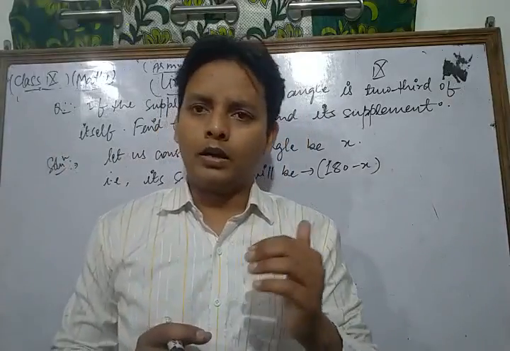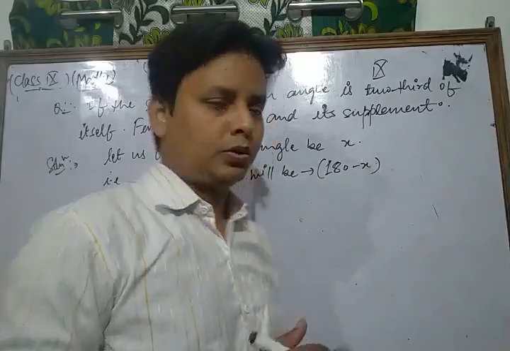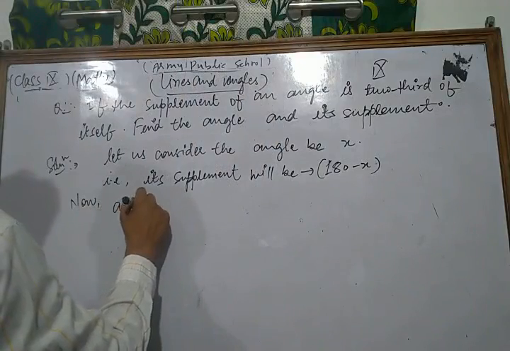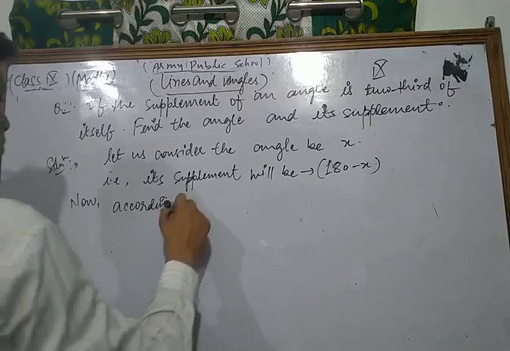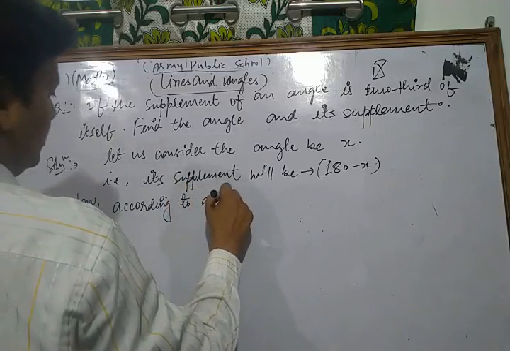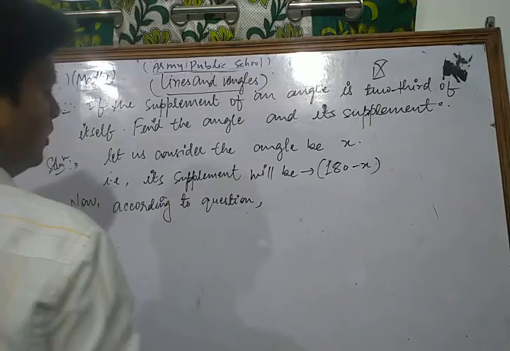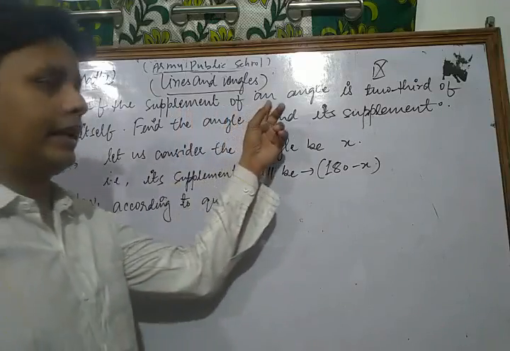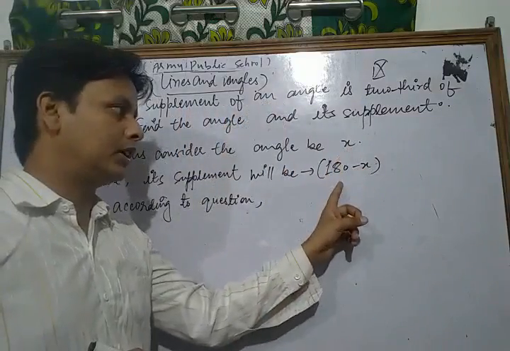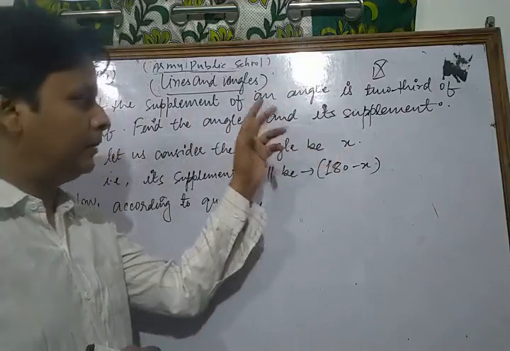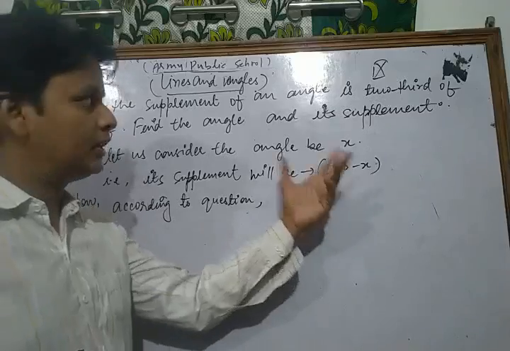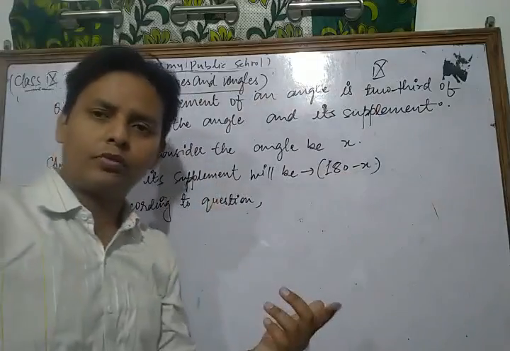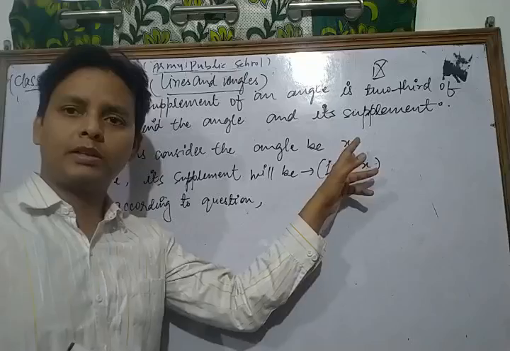Now according to the question, the supplement of an angle is two-third of itself. The supplement of the angle is 180 minus x. Two-third of itself means 2 by 3 of x.